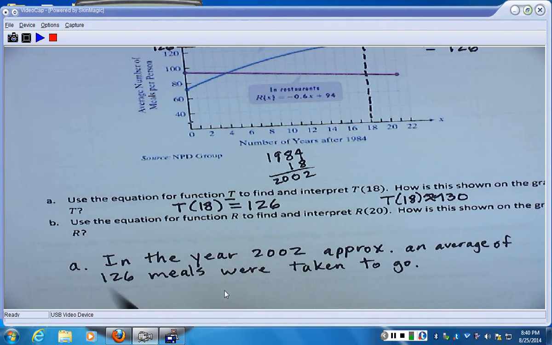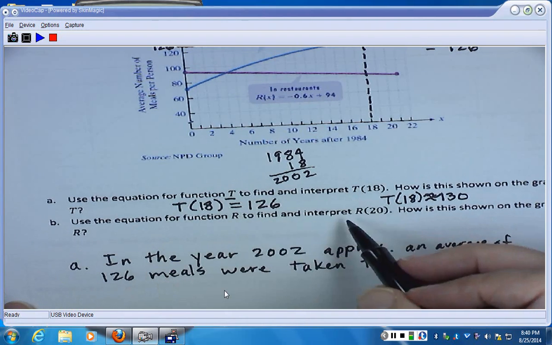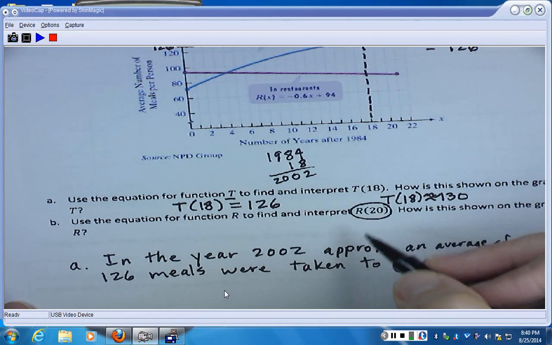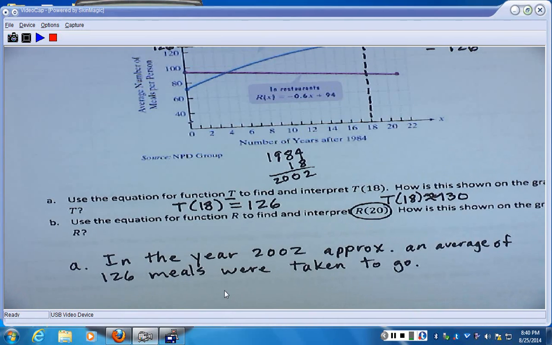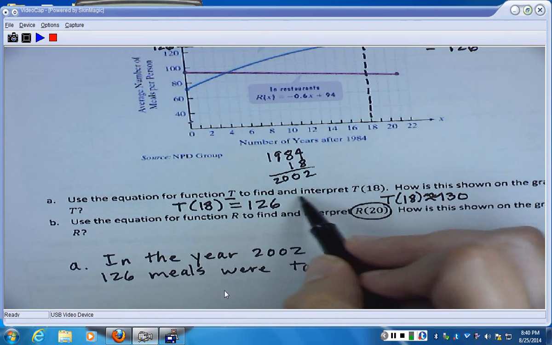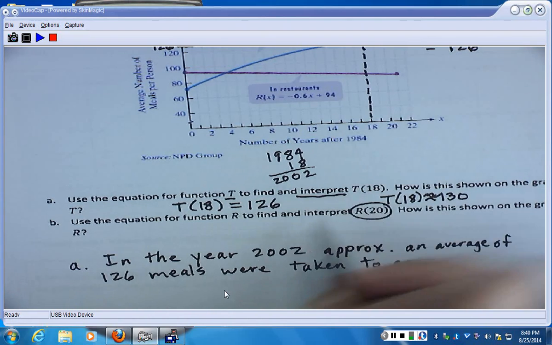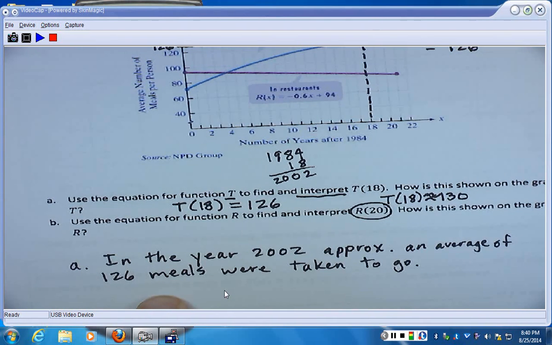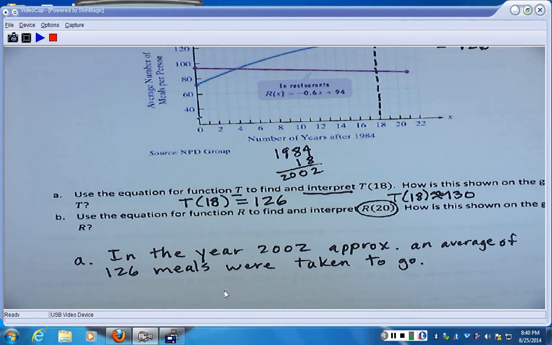Okay, use the equation for the function r to find and interpret r of 20. So this is interpreting t of 18. What I wrote out in words is interpreting t of 18. What's that really mean? That's important for you to be able to do that for a word problem.